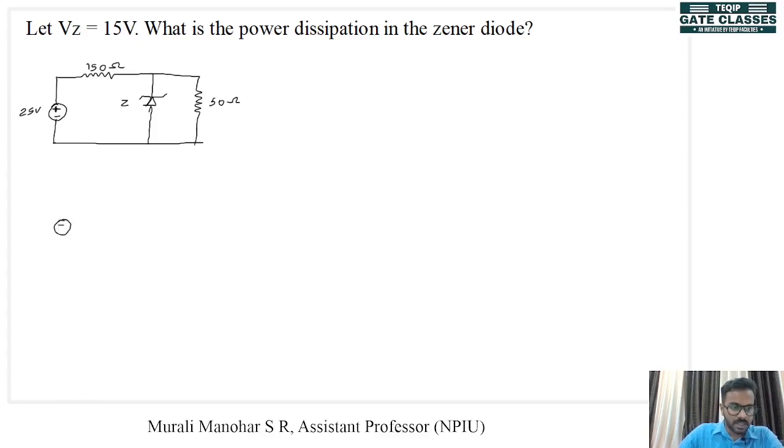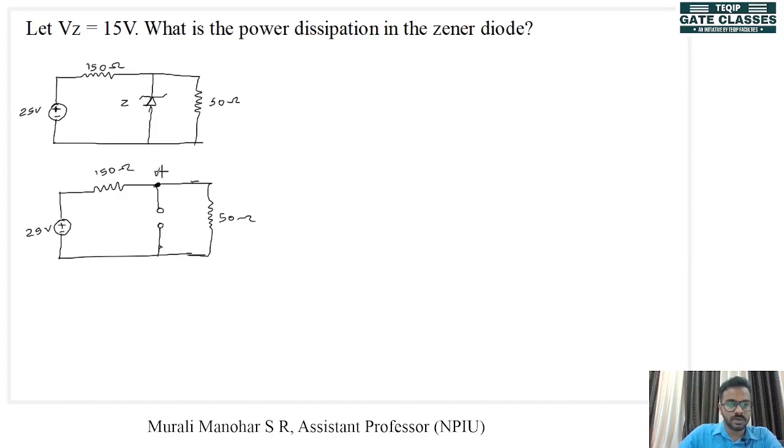So we will assume that the Zener diode is open circuited, and then try to find out what is the voltage across the Zener diode. Now this is the voltage across the Zener diode. Let's call it V.